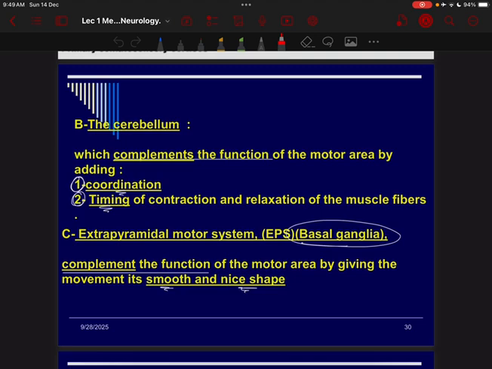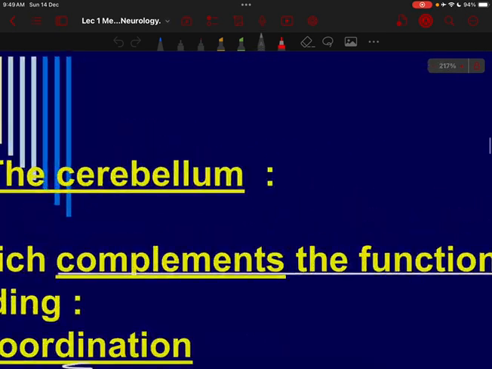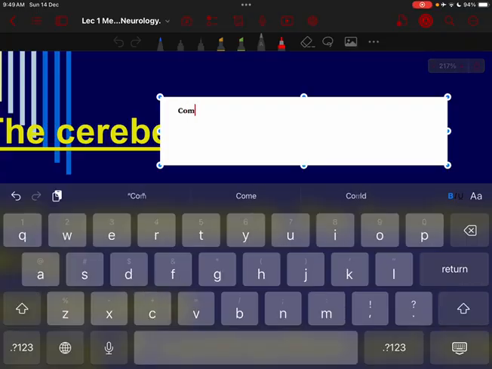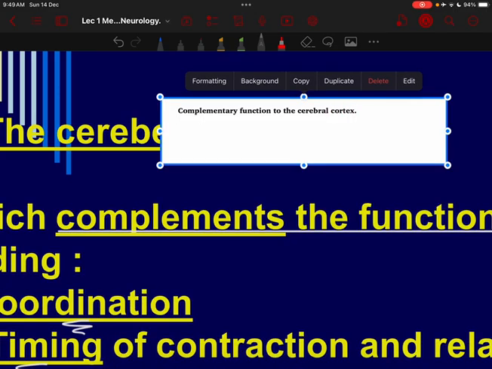But this movement should be coordinated, and so we need another system, and that's the cerebellum. The function of the cerebellum is a complement function to the primary motor system. How is it complementary? It helps in the coordination and timing of the contractions and relaxations of the muscles.